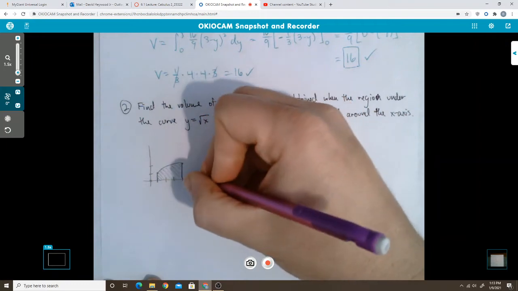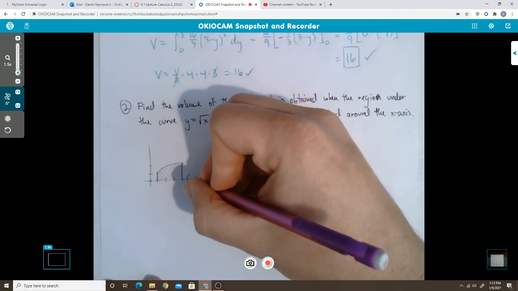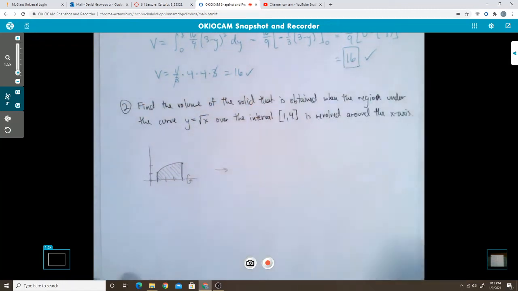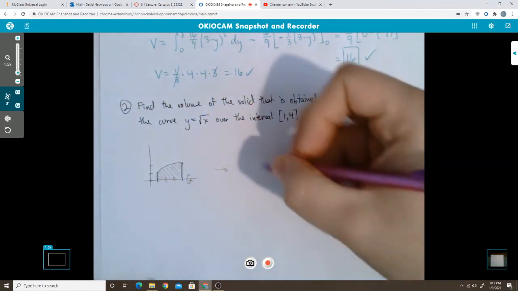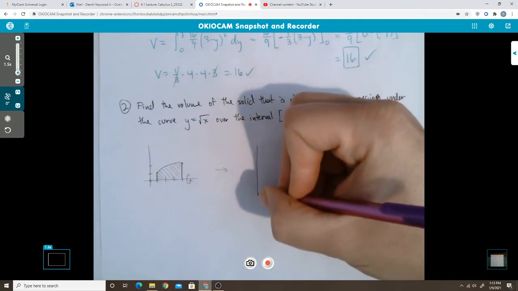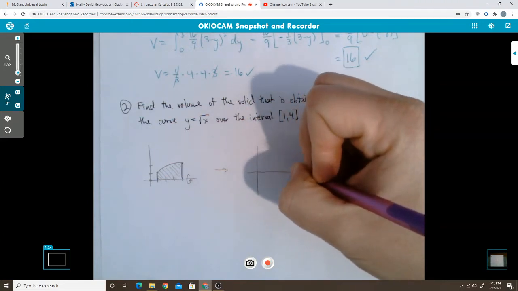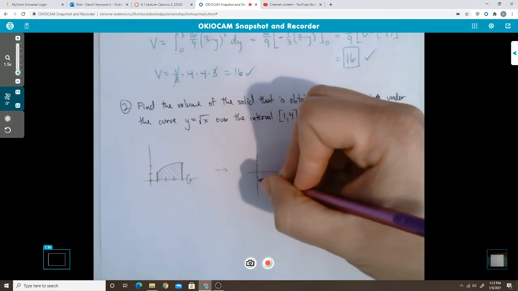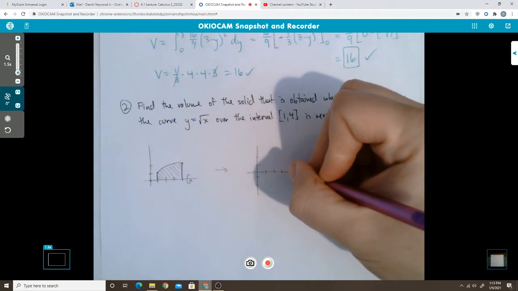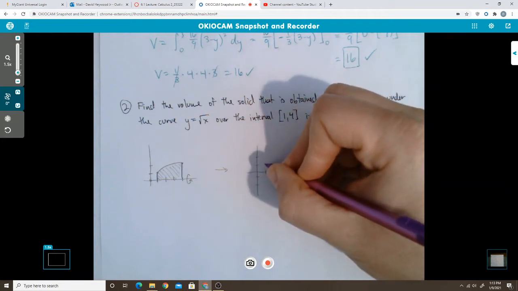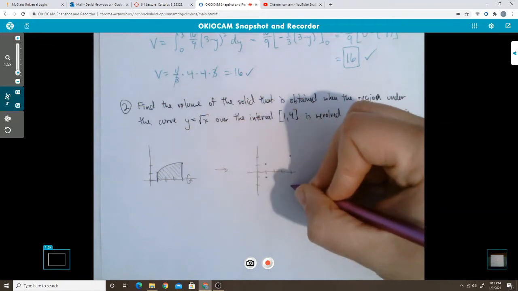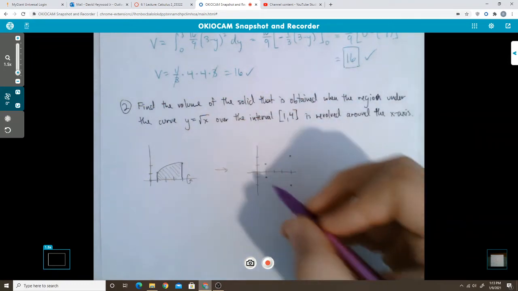But we're going to take this region and revolve it around the x-axis, right? So what do we get when we do that? We're going to get a picture that looks like, so 1, 2, 3, 4. If we revolve it around the x-axis, it's going to be mirrored kind of this way, right?